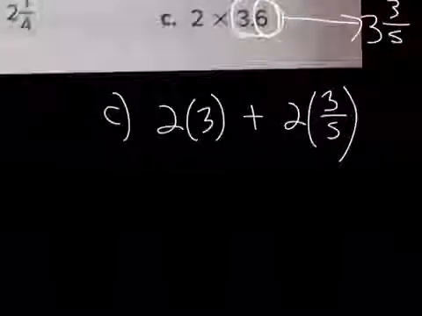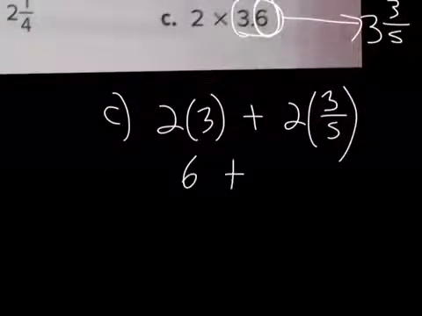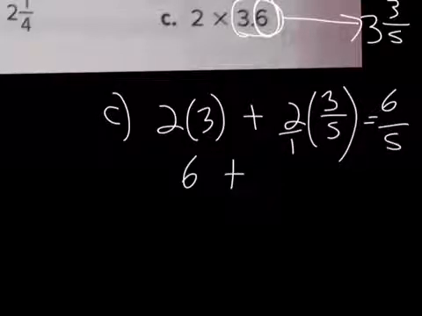Okay, so 2 times 3 is 6, plus, now if you forgot how to multiply fractions, or how to get 3/5 of 2, simply write it as 2 fractions. You can put this one over 1. So now I'm multiplying 2 times 3 is 6, yes, 6 right here, and 1 times 5 is 5, and now you change that into a mixed number.